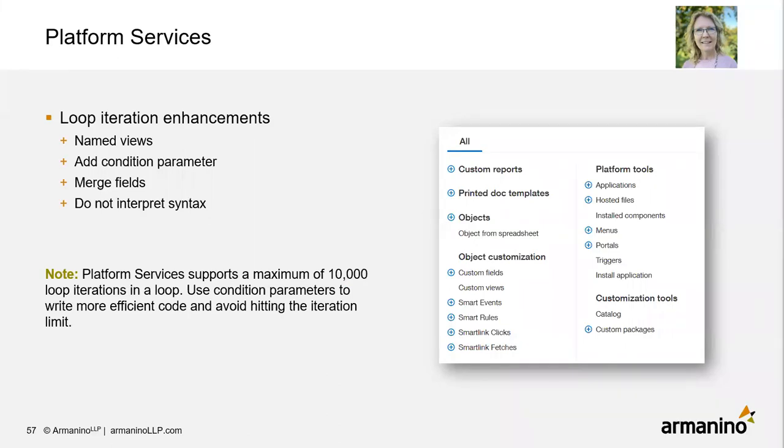Intacct now has given named views, condition parameters, merge fields, and a do not interpret syntax. So a nice feature. And there's a note there that platform services supports 10,000 loop iterations. Can you imagine? Who could even manage that, right? But anyway, that is available. So make sure that if you have integrations going on, whoever's working on those knows about a few of these new enhancements.